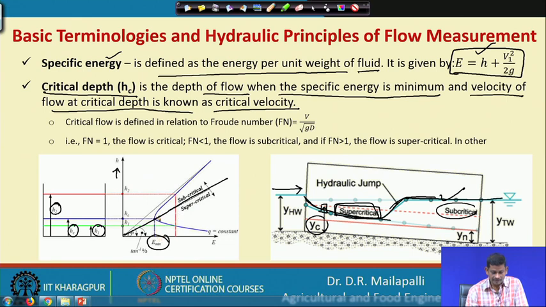This is the constant flow, and this is called E minimum, the minimum specific energy, and the corresponding depth is H c, which is called the critical depth. The region above the 45-degree line is called subcritical, and below it is called supercritical flow.